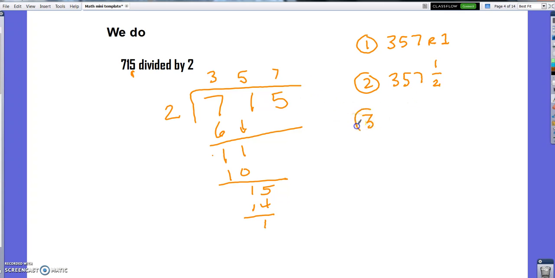Third way, with a decimal, I can just not be done. Change colors. And say, all right, I'm going to be clever here and say 715 is the same as 715 and no tenths. I don't write no tenths normally, but it's there.